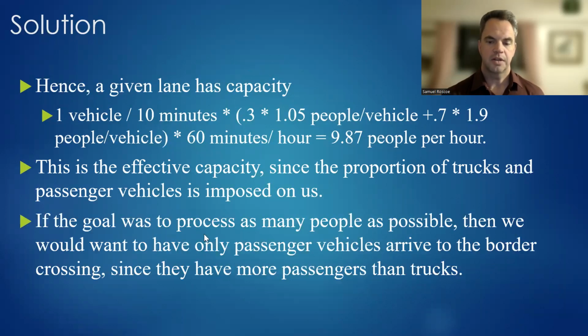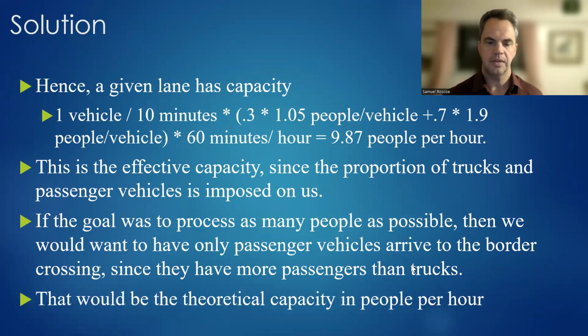However, if our goal was to process as many people as possible, then we would want to have only passenger vehicles arrive at the border because they have more passengers than the trucks. That would be the theoretical capacity in people per hour. So if we were looking at the maximum capacity of people per hour, we would really just want to calculate cars moving through those 2 lanes.